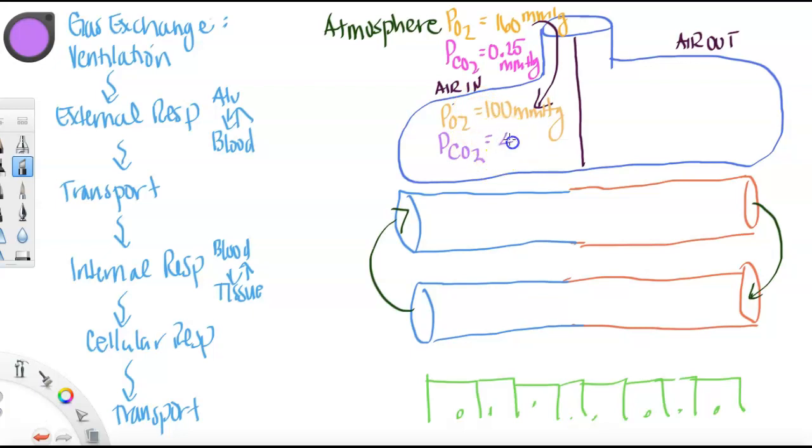The PCO2 is 40 millimeters of mercury. Okay, that's on a breath in.